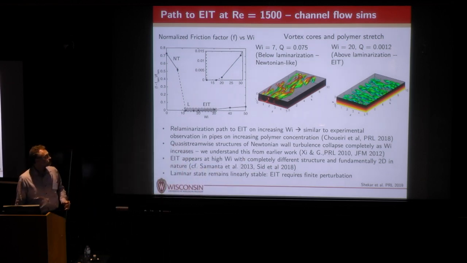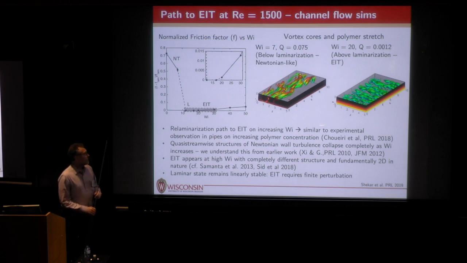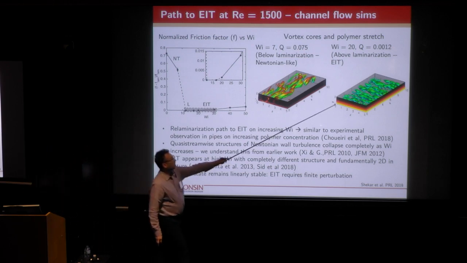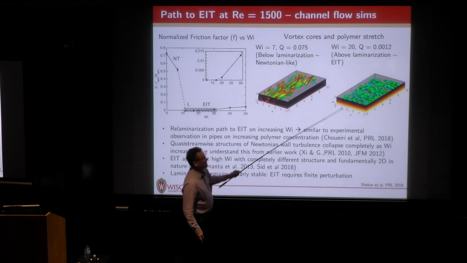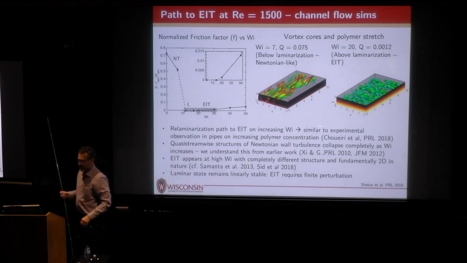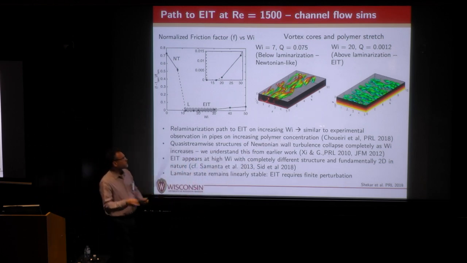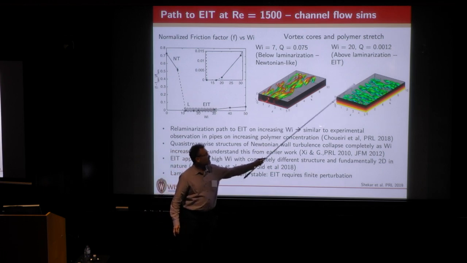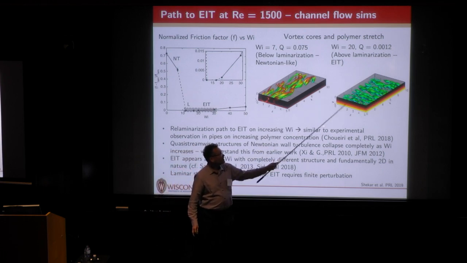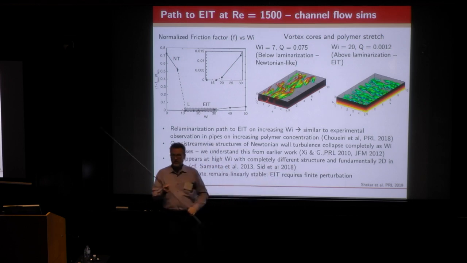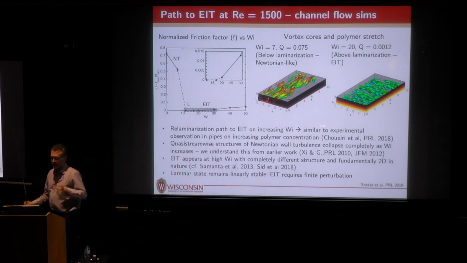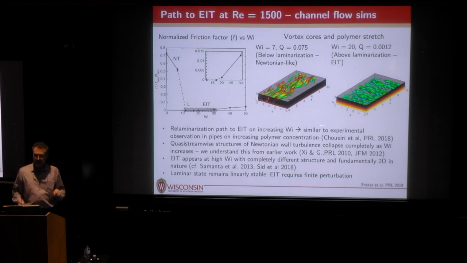So one thing that we can do is take a slice through here and look at the fluctuations. One thing I'll point out is that these are 3D simulations, obviously, but the structures are sort of two-dimensional. And actually, you can show that two-dimensional simulations in this regime will still lead to turbulent, chaotic dynamics.